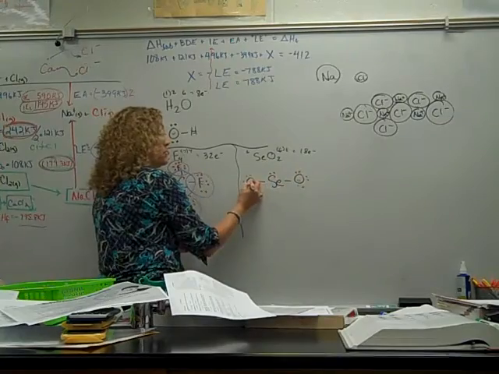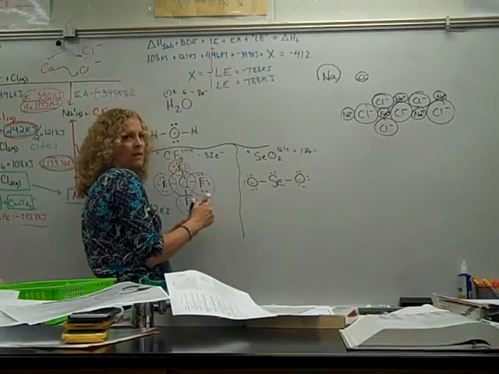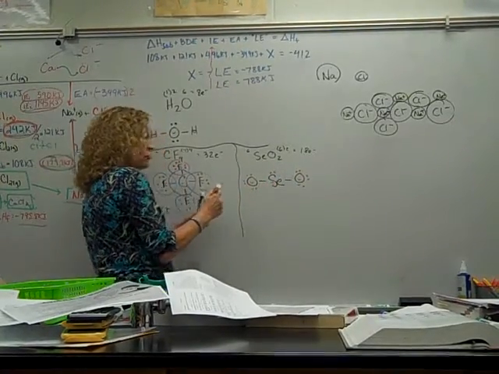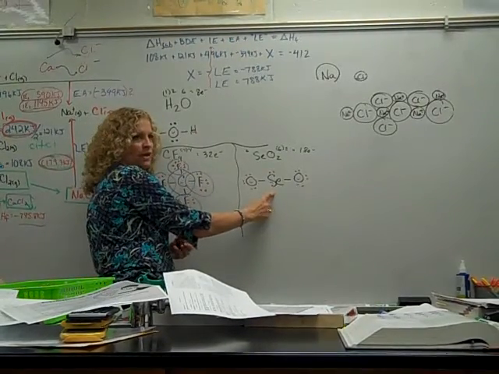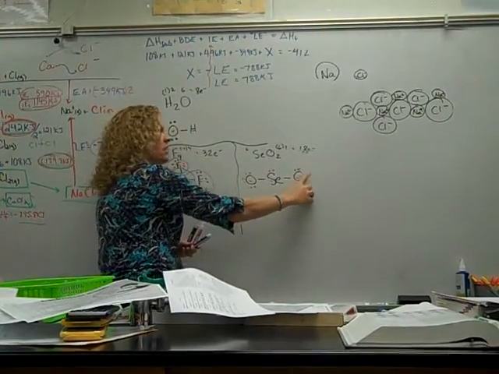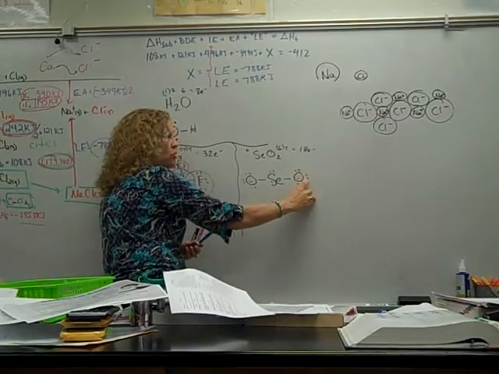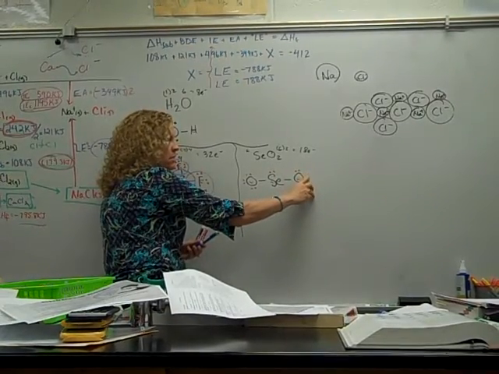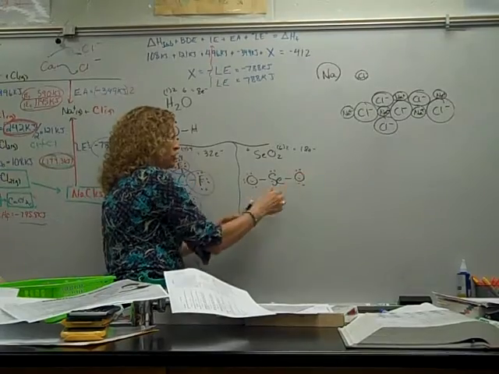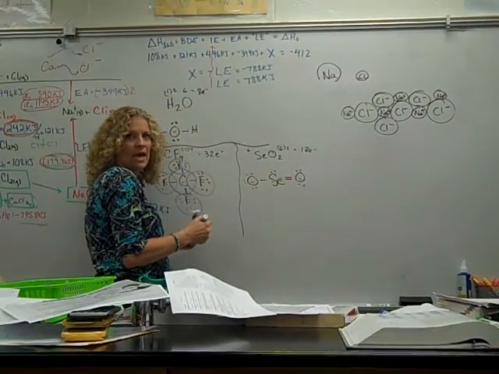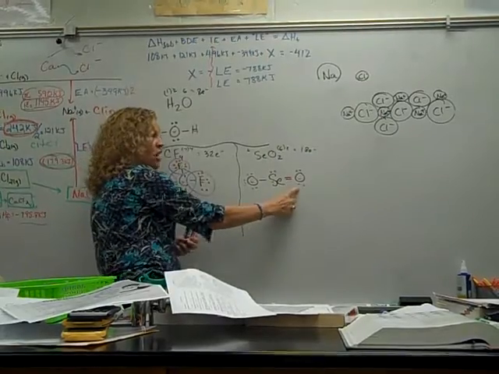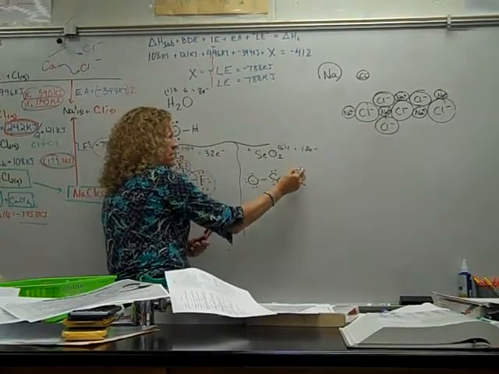This was happy, but is selenium happy? No. Now I can't use any more electrons, but I have to get selenium with 8 as well. Let's try this. Let's take these electrons, which are non-bonding, and keep them with oxygen, but move them to the middle. Now, is this oxygen still happy?